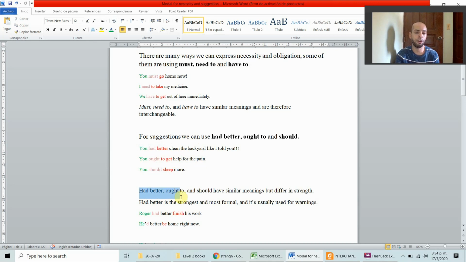So had better, ought to, and should have similar meanings, but differ in strength. Had better is the strongest and most formal of the three, and it's usually used for warnings. Like we see here, you had better clean the backyard like I told you. It's like a warning.